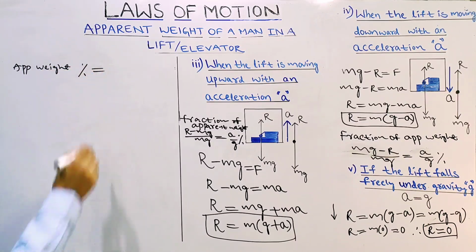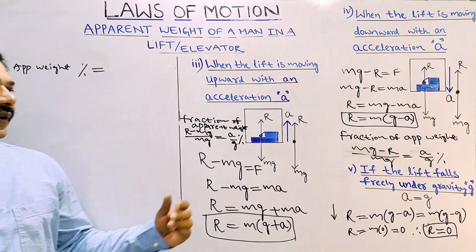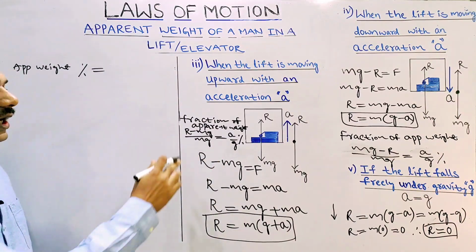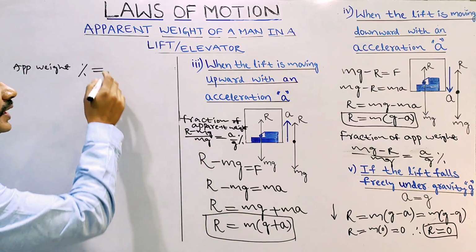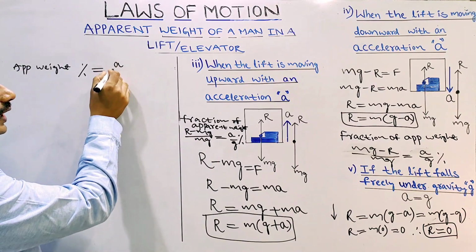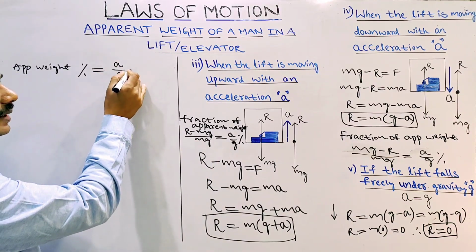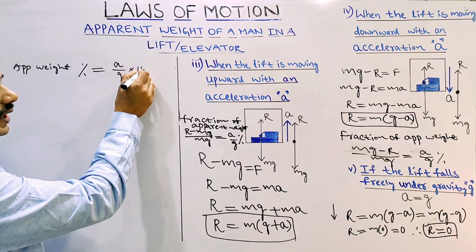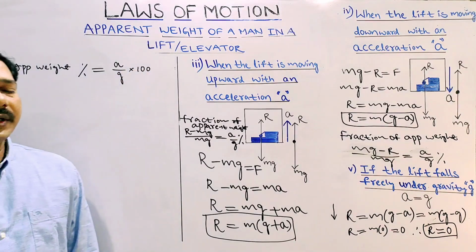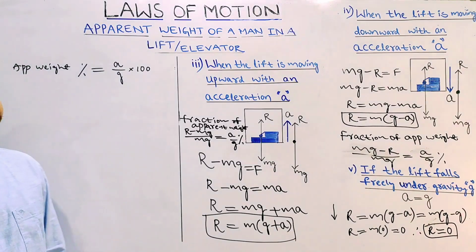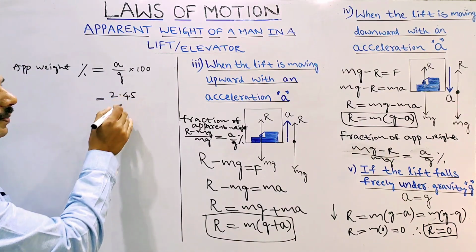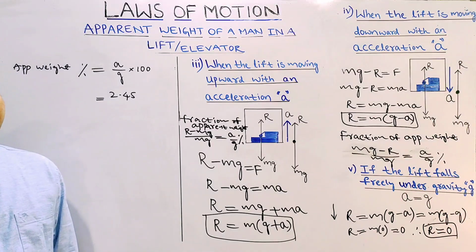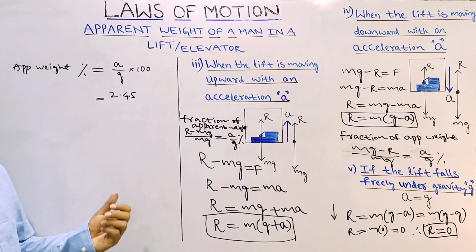Just now we discussed, when the lift is moving upward, the apparent weight fraction in percentage is a by g percent, which means a by g into 100. A is given as 2.45 meter per second square, and mass is also given but not required here.